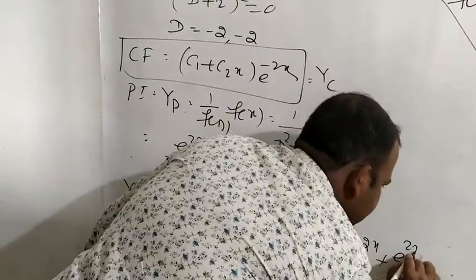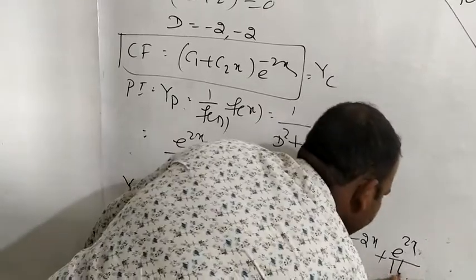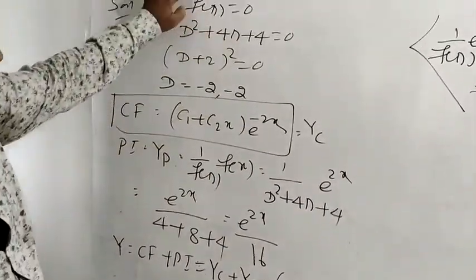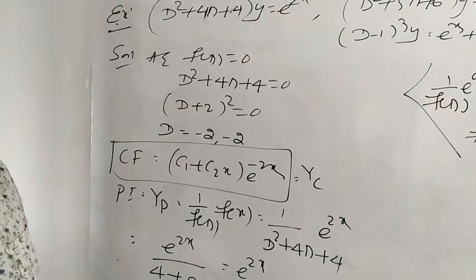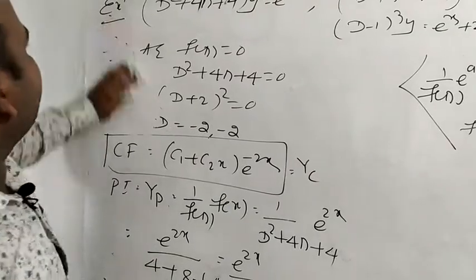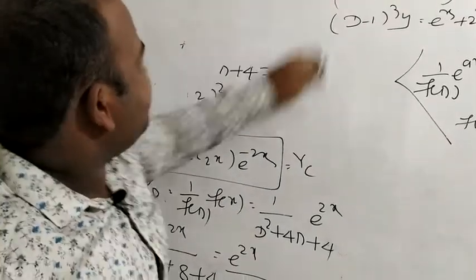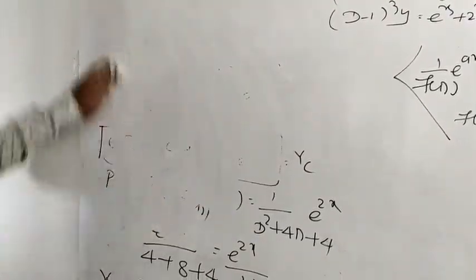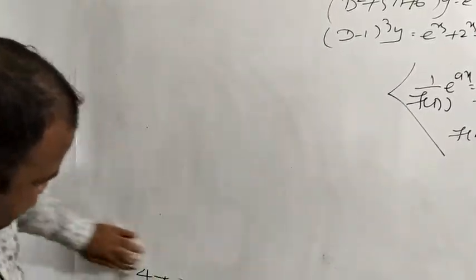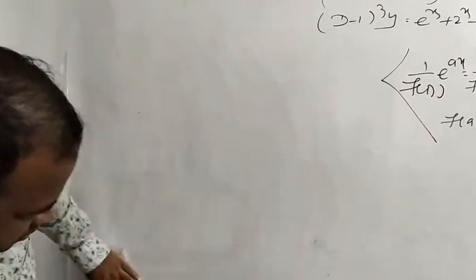E raised to 2x upon 16. So this is the total solution of the linear differential equation. In case of a linear differential equation you will find the two parts, YC and YP. YC means complementary function, YP means particular integral.